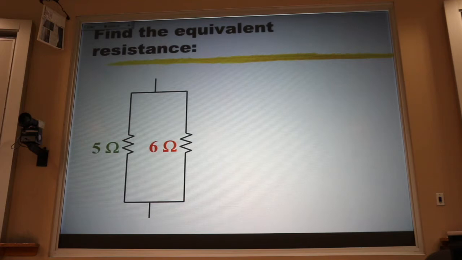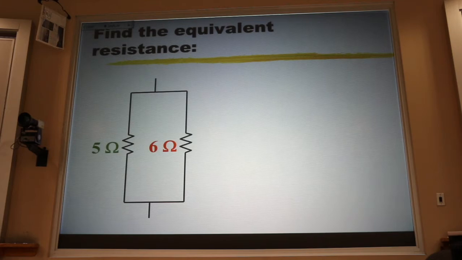And each of these is 30. Now I can calculate the resistance using that rule that only worked for identical paths. The resistance equivalent would be the resistance of 1 path divided by the number of paths. I've got 5 plus 6 is 11. And that's going to give me 2.9 ohms.